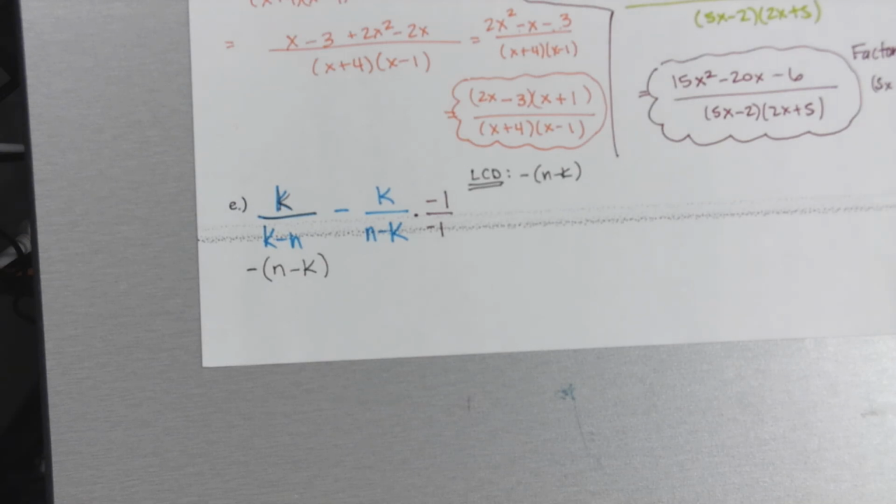Okay, so whenever you have a minus, one thing I recommend is that you change the negative to a plus. And then distribute. Okay, and then once you have that, now you can just add or subtract across.